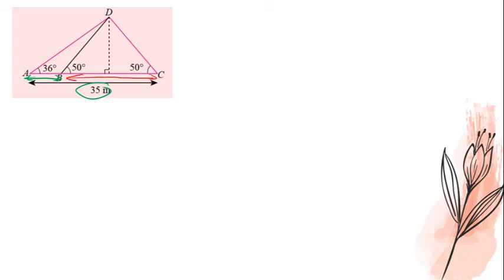So we need to know the length of BC, and of course we need to know the size of the angles at D. The first one, the red color here, is this angle, and then we also need to find the angle opposite the 35 meters, which is the yellow angle.